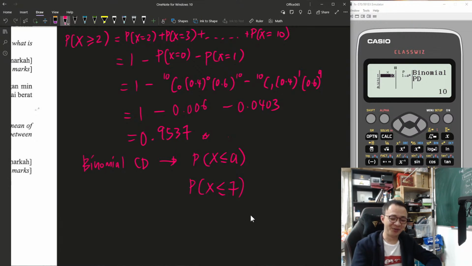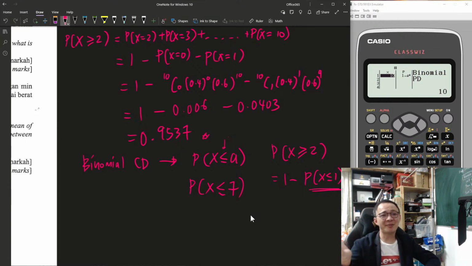But if today you want x is bigger than or equal to 2, you need to think how can I use this binomial CD? So I need to use 1 minus probability x is less than or equal to 1, isn't it? Then you insert this into the calculator, because that calculator preset the inequality sign is less than or equal. Normally I just ask my students to use PD, it is enough because you need to show the working as well.